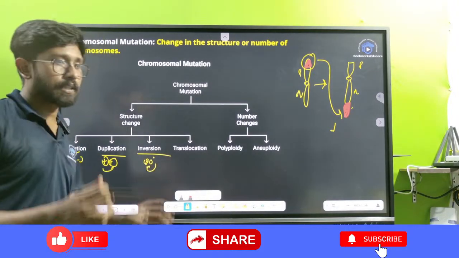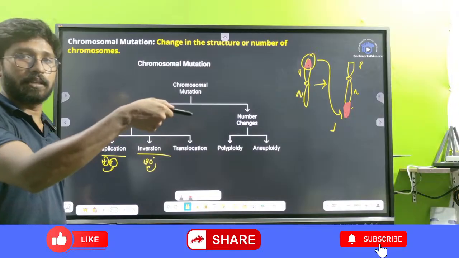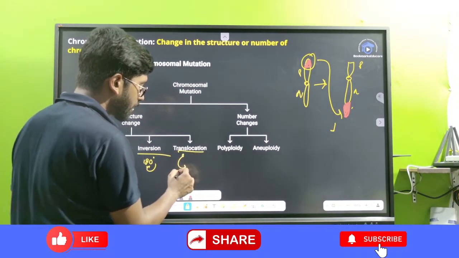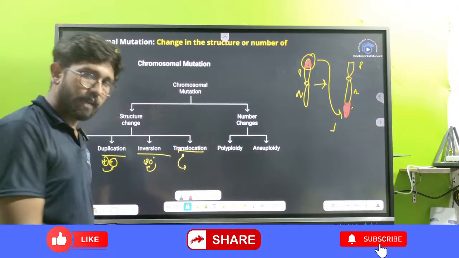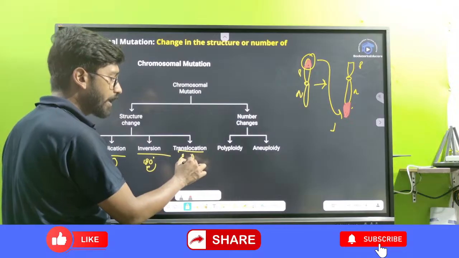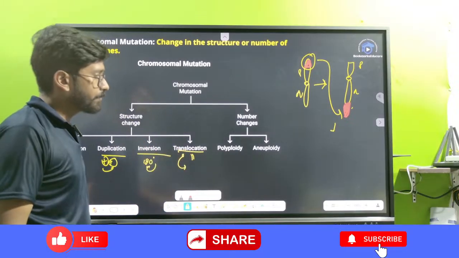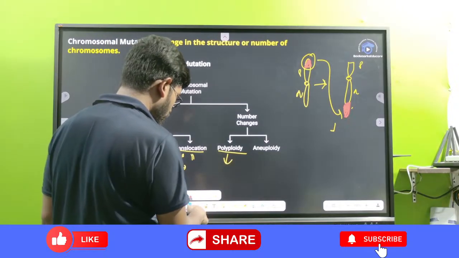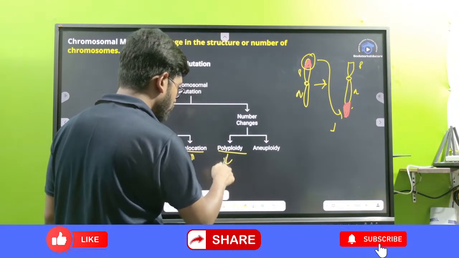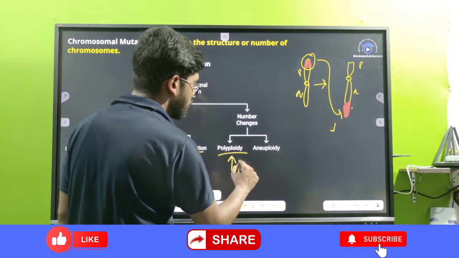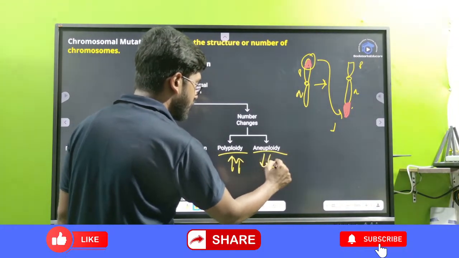Okay, gene was like this, it became like this. Translocation, either you will remove yourself and connect to your same chromosome on a different arm, or you will connect yourself to a different chromosome altogether. Polyploidy is increase, aneuploidy is decrease.